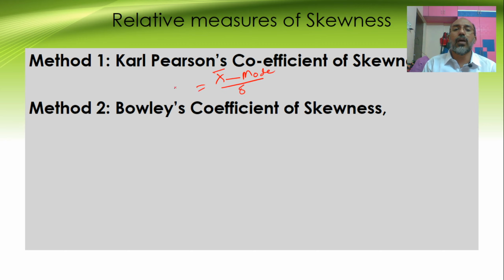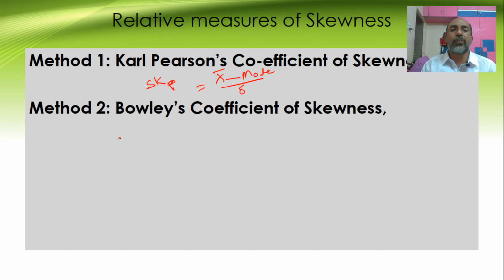This is the formula. It is called SKP, P means Pearson. We already dealt with the Karl Pearson method in the previous class.